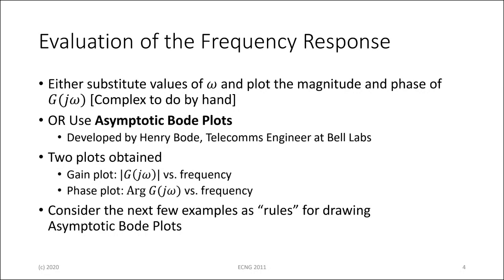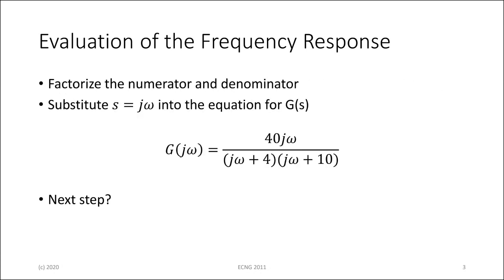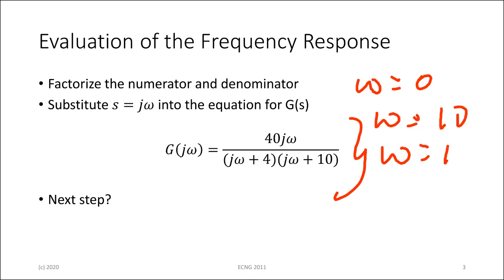But anyway, once you have the response down to this point, the hard and fast way for this now is to pick a set of values for omega, starting with omega equal to naught, which is DC, and I could plug in omega equal to 10, omega equal to 100, 200, 500, etcetera.